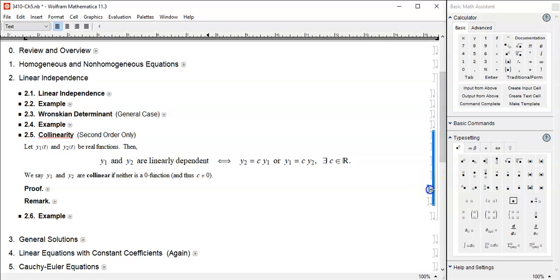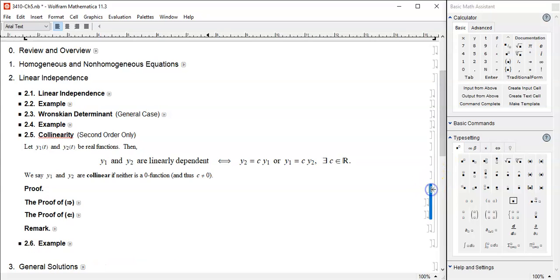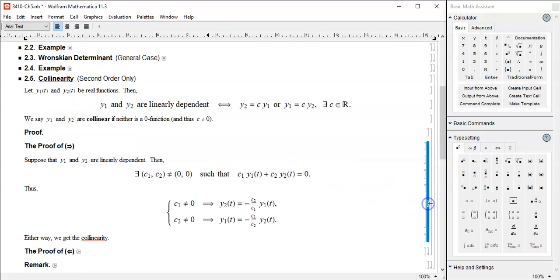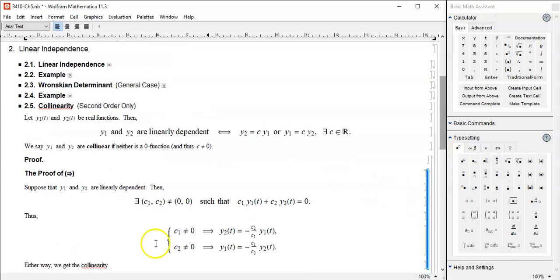Okay, let's prove it. One direction. Suppose that we have linear dependence. Then can we express one as a constant times the other? Yes, you can. What do you mean by linear dependence? It is possible to find c1 and c2, not both 0, so that c1y1 plus c2y2 is constantly equal to 0.